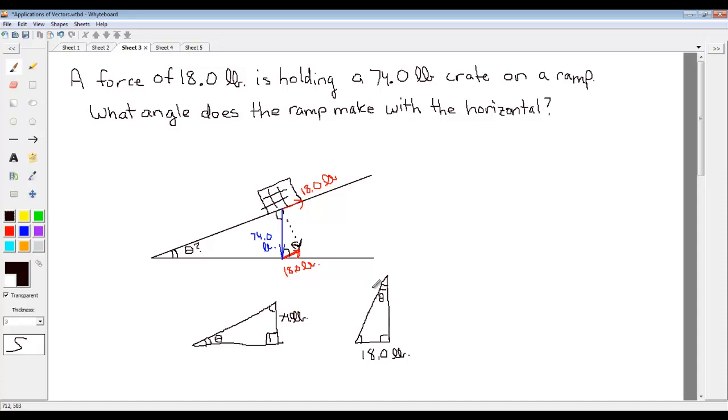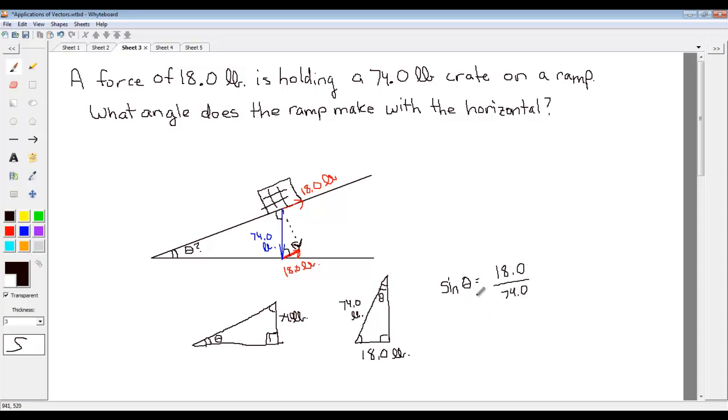Alright, and then we also know that this right here is 74.0 pounds right there. But you know what? If we find this theta, we're set, because that's the same as this theta. Now, if you look at this, we know the opposite side over the hypotenuse. We know that the sine of theta equals the 18.0 over the 74.0.